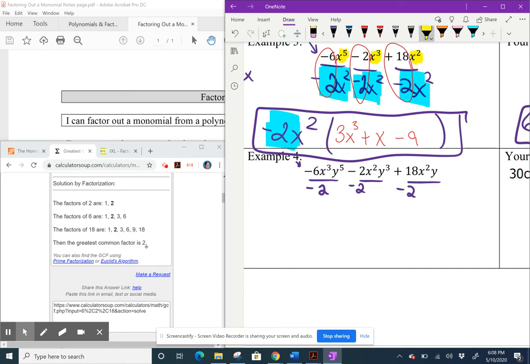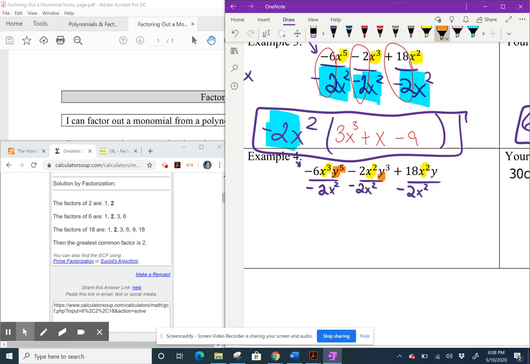And then you want to do each variable. All right, we have x to the 3rd. We have x squared. We have x squared. So you're going to do an x squared because that's the smallest exponent. And then you want to look at the next variable.